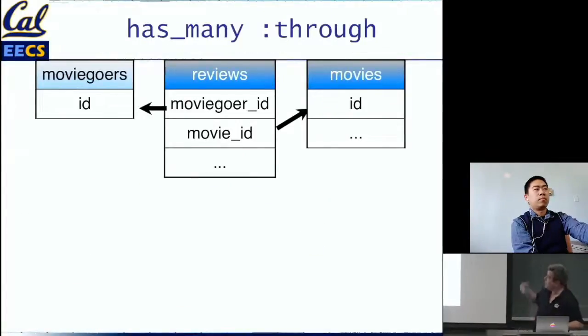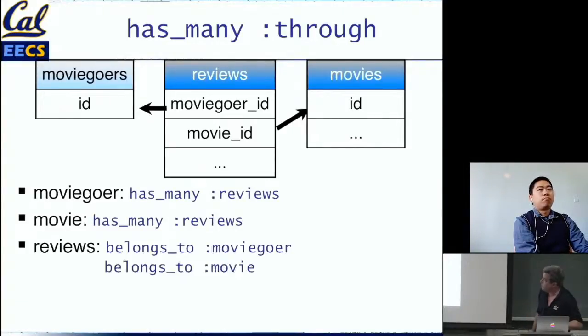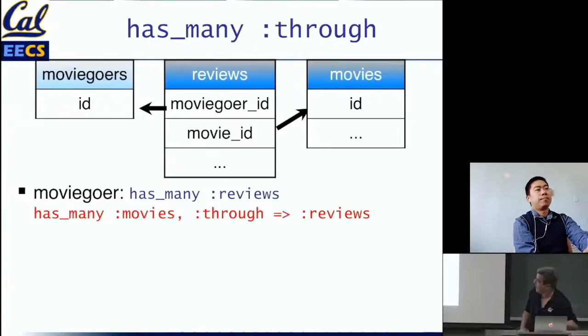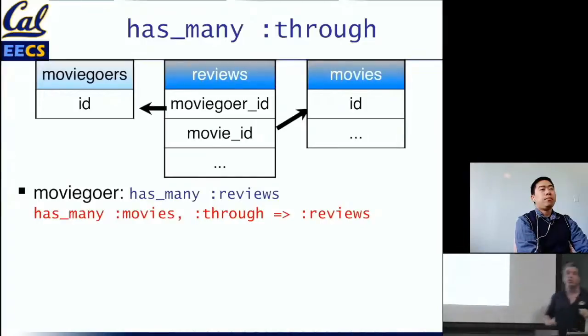This is an extension to has many called has many through, where besides saying moviegoer has many reviews and movie has many reviews and the belongs to, so we still say all those things, we can also say that a moviegoer has many movies through reviews.